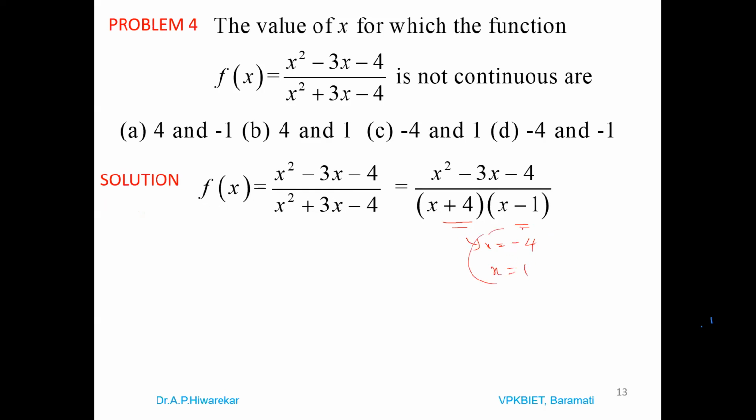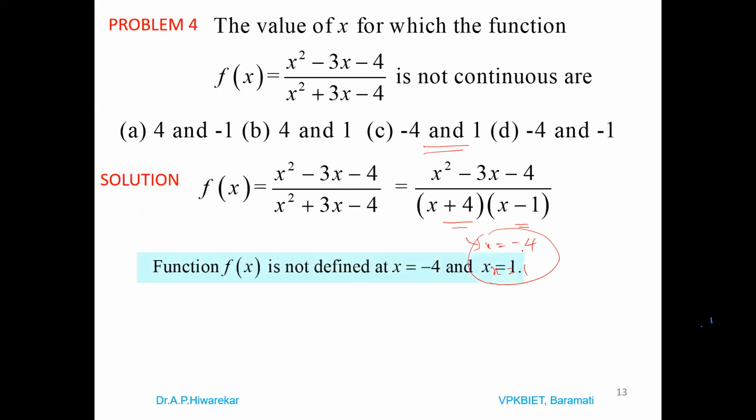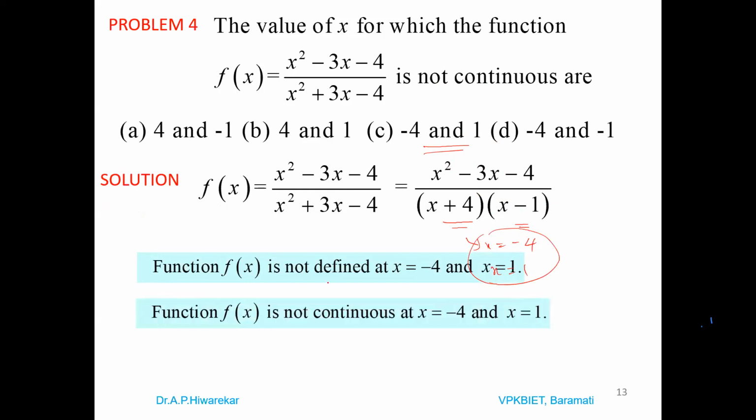When x is 1, the function is not defined. So at minus 4 and 1, the function is not continuous because it is not defined. Are you getting my point? Yes or no? Yes, sir. So the function is not continuous when it is not defined, and obviously C is our answer.